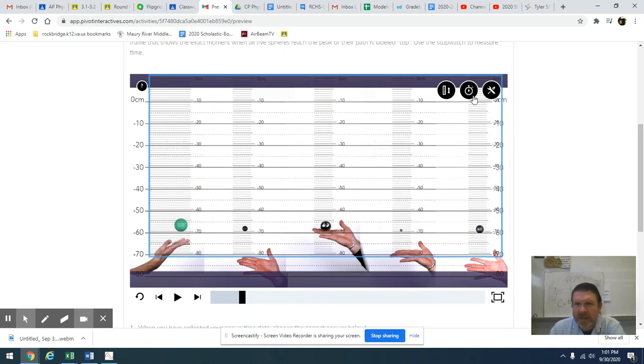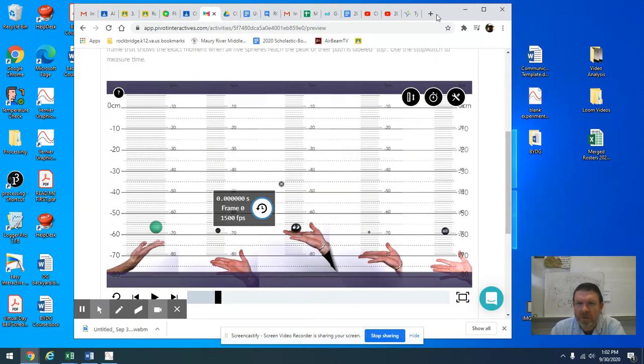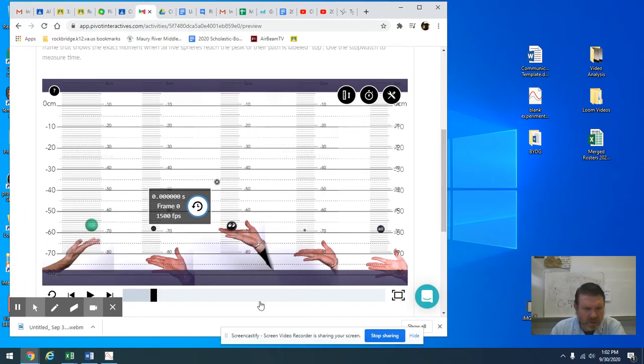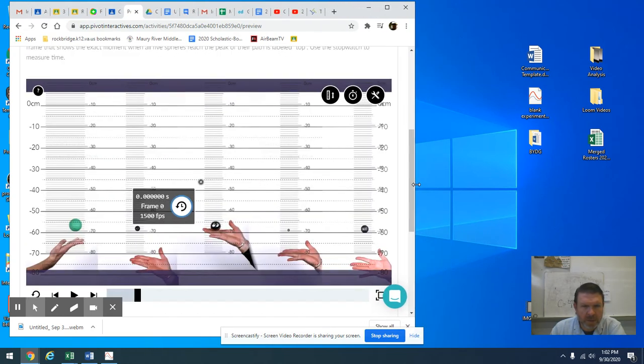Okay, so I need a stopwatch. And I want that to be 0 right there. That's my time 0. And then I'm going to scoochie this window over here so I can also have a, I don't think I want that to get smaller.